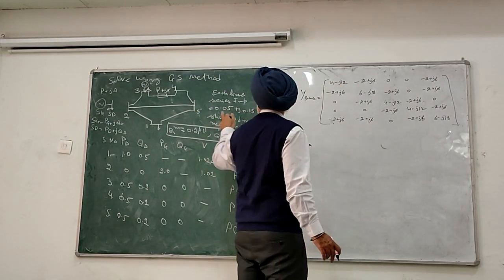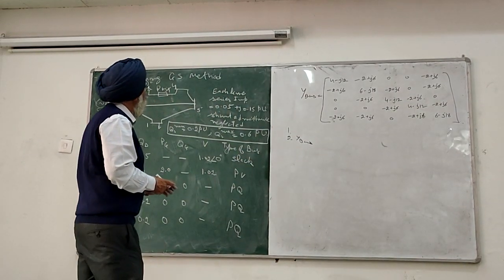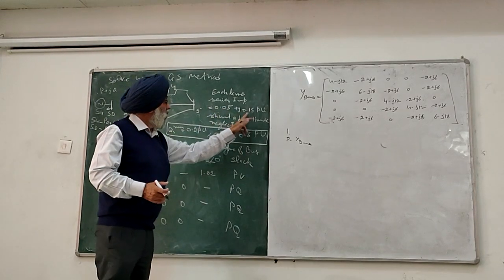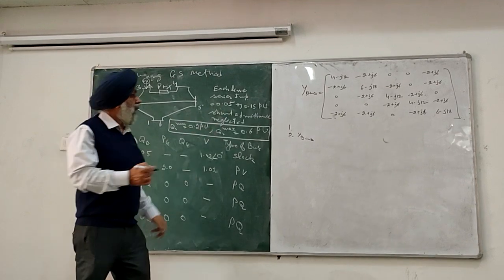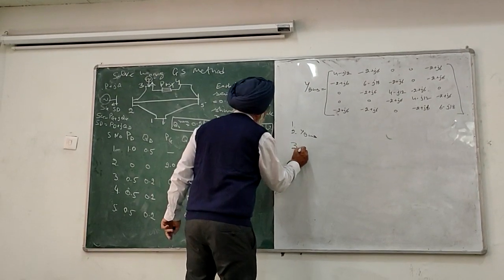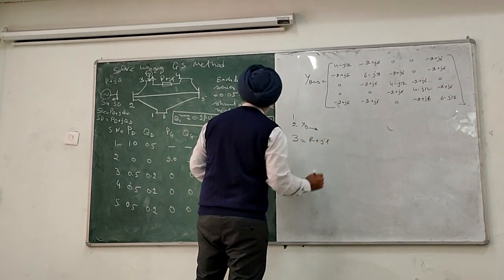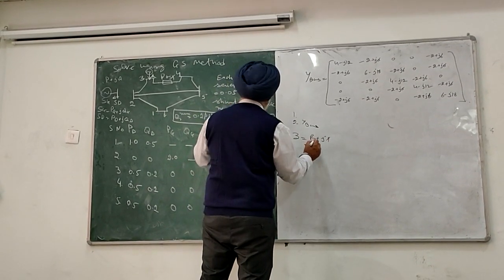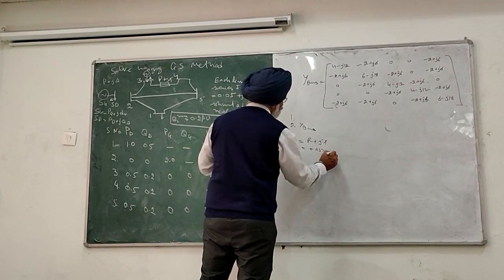This is equal to 2 minus j6. Now this is the impedance value; small z is given in terms of R plus jX. So here it is 0.05 plus j of 0.15.